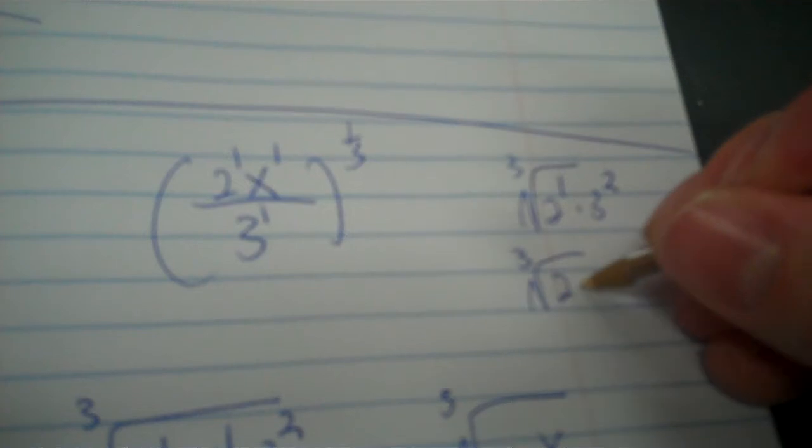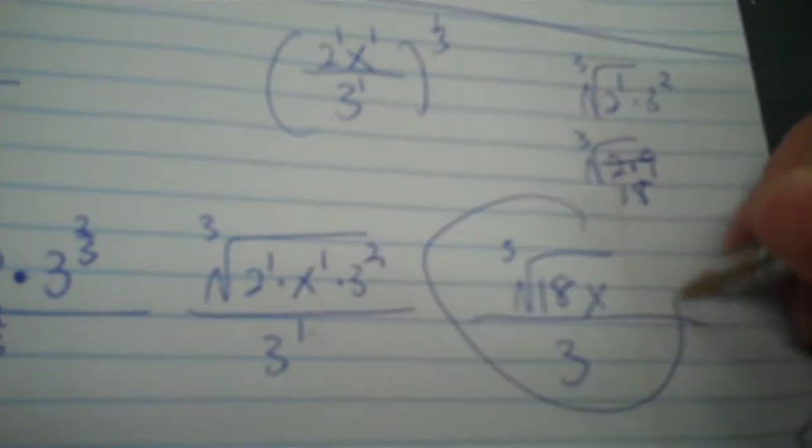And then I need to figure out what I can do with the cubed root of 2 to the first times 3 to the second. So 2 to the first is 2, 3 to the second is 9, so that'd be 18, okay, cubed root of 18. Is 18 going to be divisible by any of these? I don't think so, so I just put 18 inside, and that's all she wrote.